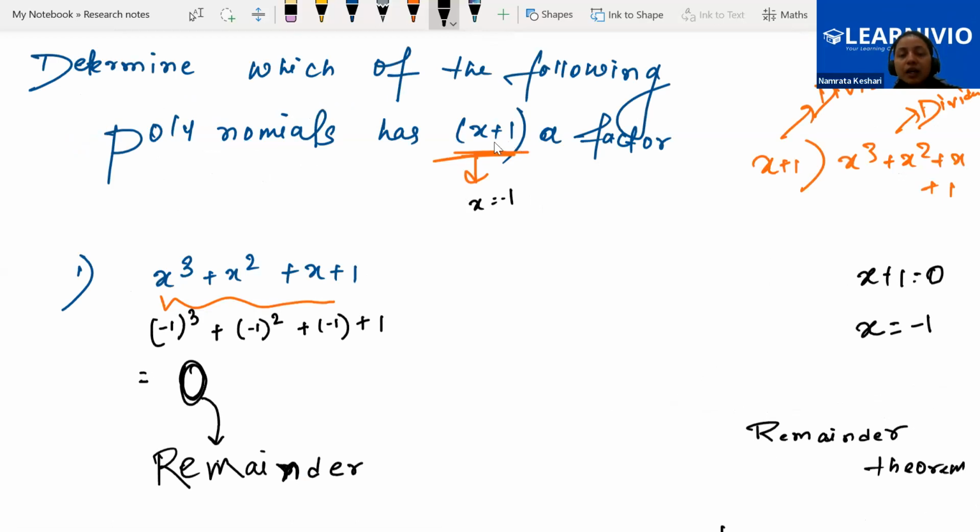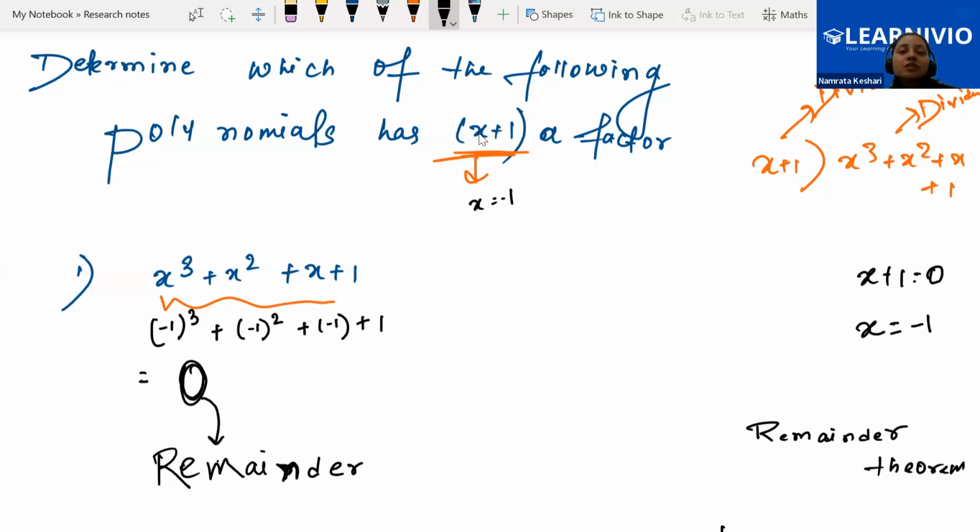Can we say, Farhan and Ayan? Yes, ma'am. Because the remainder is 0, it can divide the given polynomial completely, and hence x plus 1 is a factor of the given polynomial. Can we say that? Yes, ma'am. Yes, we can say that.